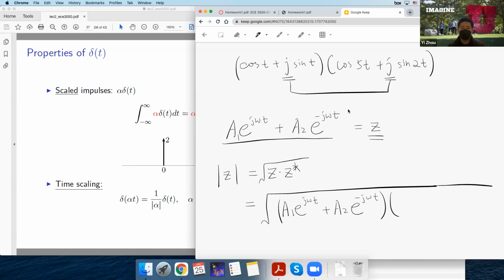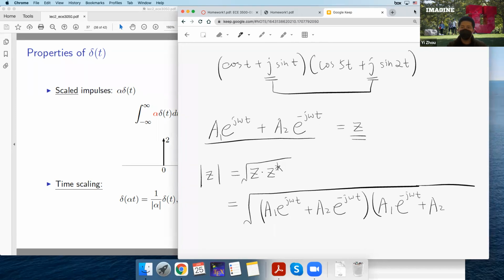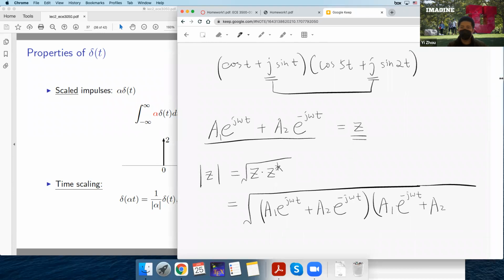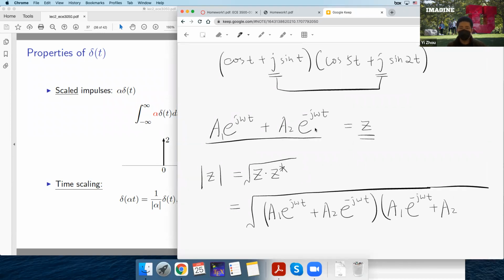The conjugate of the entire thing is the addition of the conjugate of each individual part. So for the first part, which is in polar form, taking the conjugate we just need to revert the sign of the phase part. So this becomes negative j omega t. And the second part becomes positive.